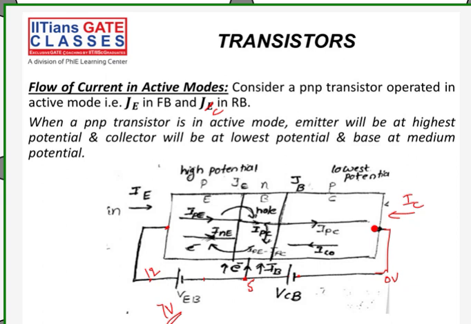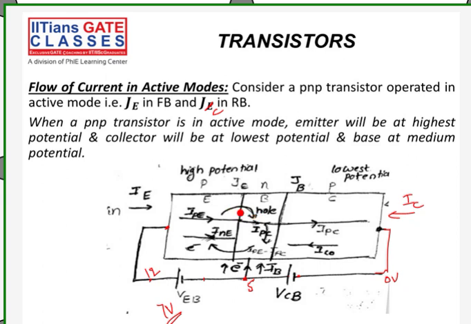Because of forward biased emitter junction, I told you the emitter junction is forward biased and collector junction is reverse biased. Because of this forward biasing, the majority charge carriers, which are holes in emitter, are passing through the junction, or diffused into the N region, that is base region.